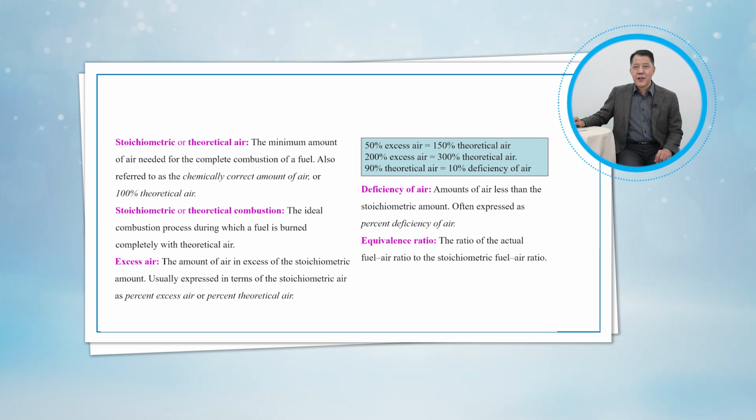The amount of air used in a combustion process is also expressed in terms of the equivalence ratio, which is the ratio of the actual fuel-air ratio to the stoichiometric fuel-air ratio.